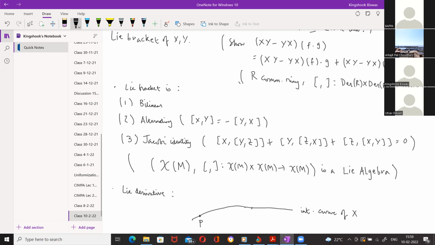So what I do is I look at phi t of P. Over here, I look at the value of Y, which gives me a tangent vector Y at phi t of P. So this belongs to the tangent space there.